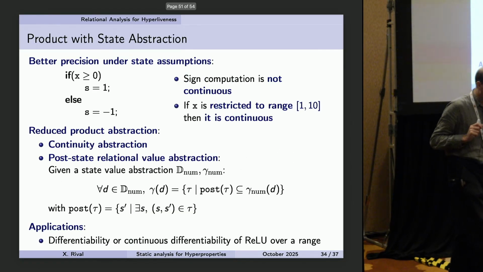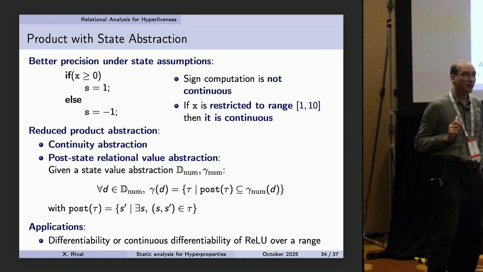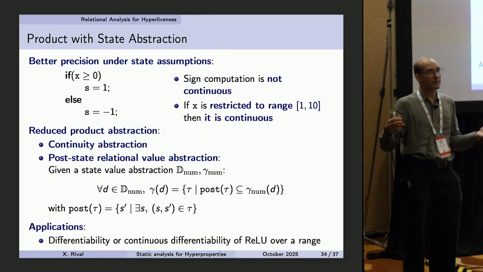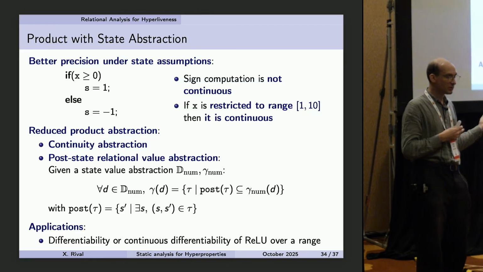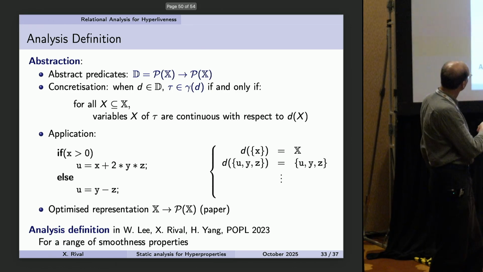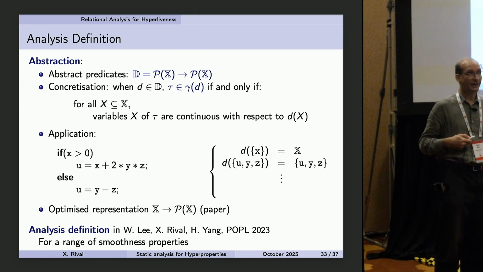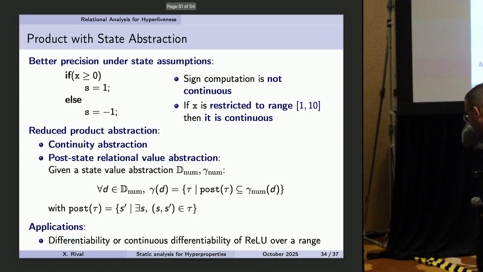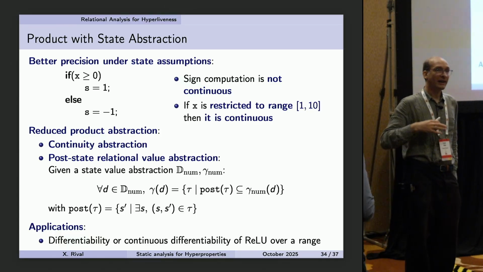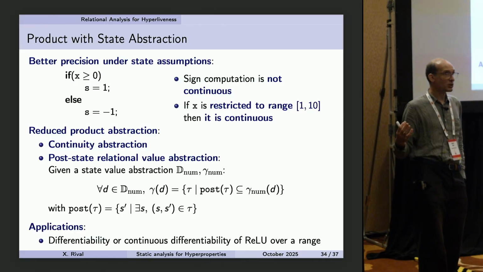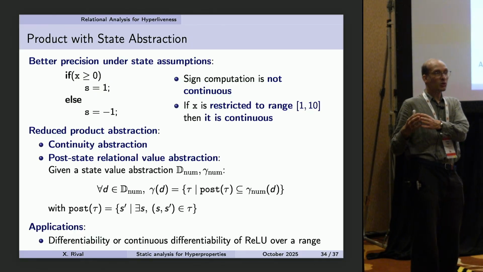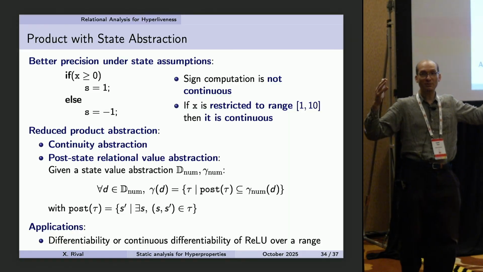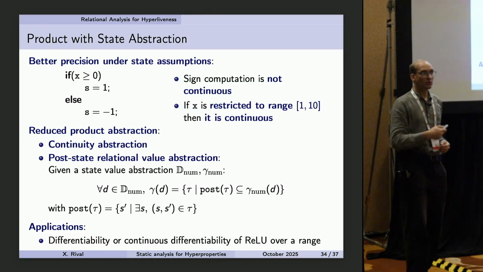One last bit is that very often, if we want to reason over continuity, we have to look into value information. And if we abstract only the relations using this abstraction, we have no information about the values at all. So we need to combine such an abstraction. So how are we going to do it? Well, essentially we make another abstraction, which is also an abstraction for relations, and which is going to abstract the post state of the relations, and we are going to do a reduced product of this and the previous abstraction.